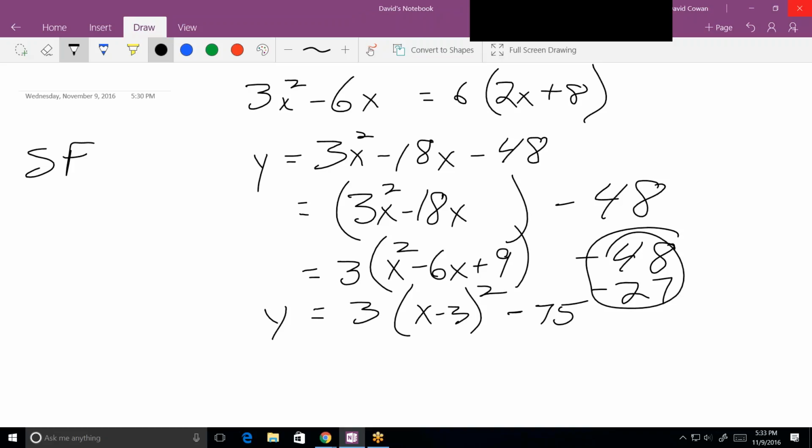Okay. And then from those two, it asks me to write it in intercept form. They want you to write it in intercept form? Yeah. Okay, intercept form is y equals a times x minus p, the x-intercept, times x minus q, the other x-intercept. Okay.